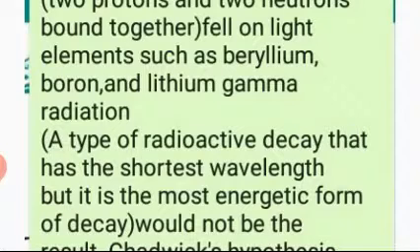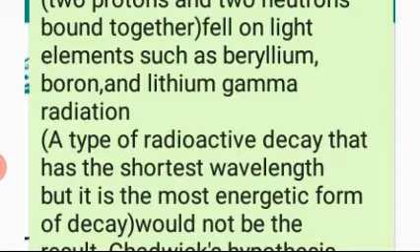Its atomic mass is 9, 5 neutrons, right. Boron has atomic number 5, so 5 electrons and 5 protons. Lithium has atomic number 3, so 3 electrons and 3 protons.